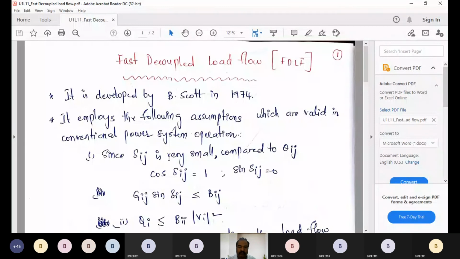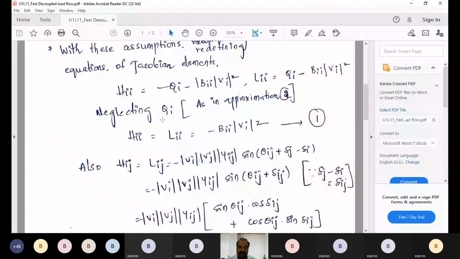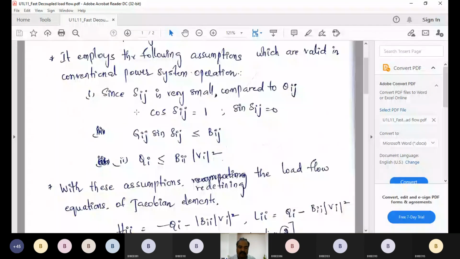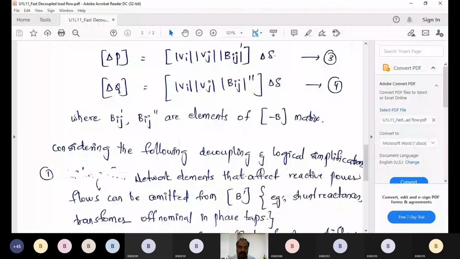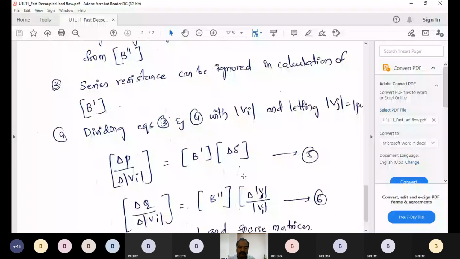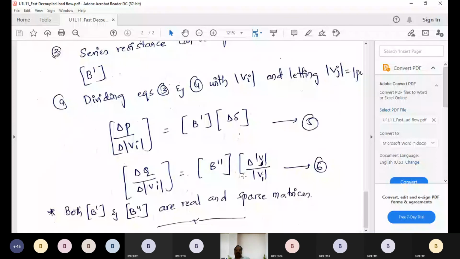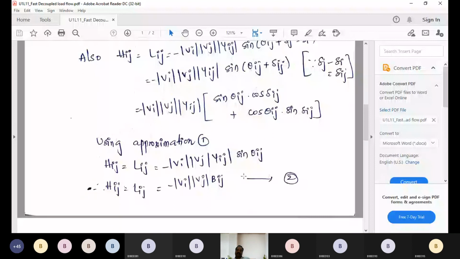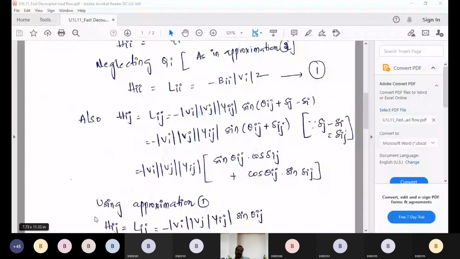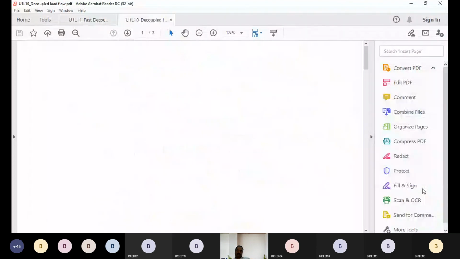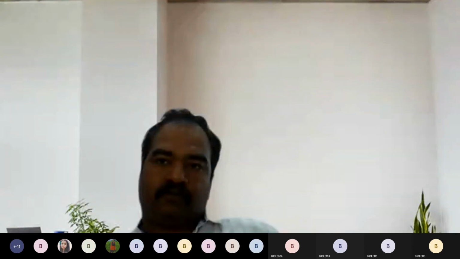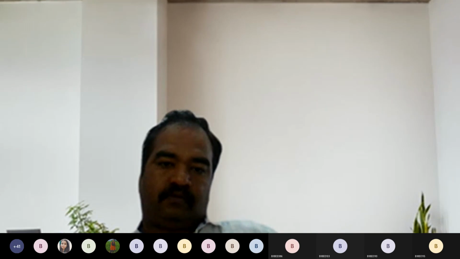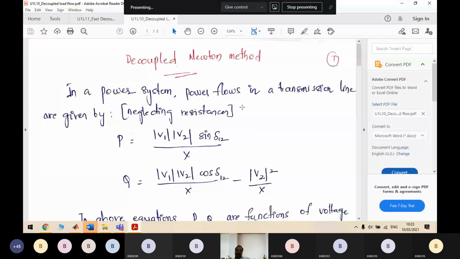I hope you are able to see this. This is regarding the fast decoupled load flow method. These are the approximations; see the approximations and the derivations of these elements, and the procedure which we are supposed to follow for the Newton-Raphson decoupled method.